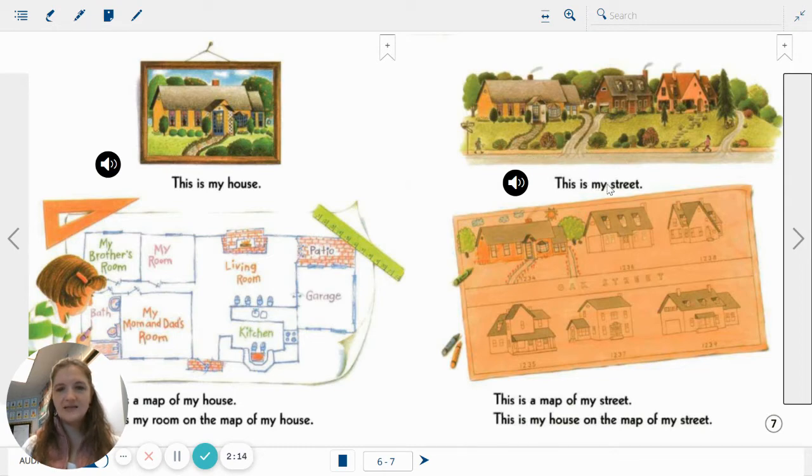This is my street. This is a map of my street. This is my house on the map of my street. Okay, so we started from her room, then we went to her house, now we're to her street. There's her house on Oak Street.